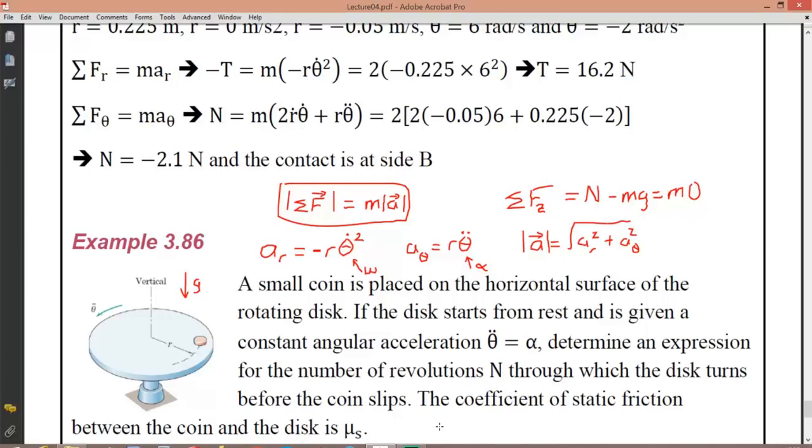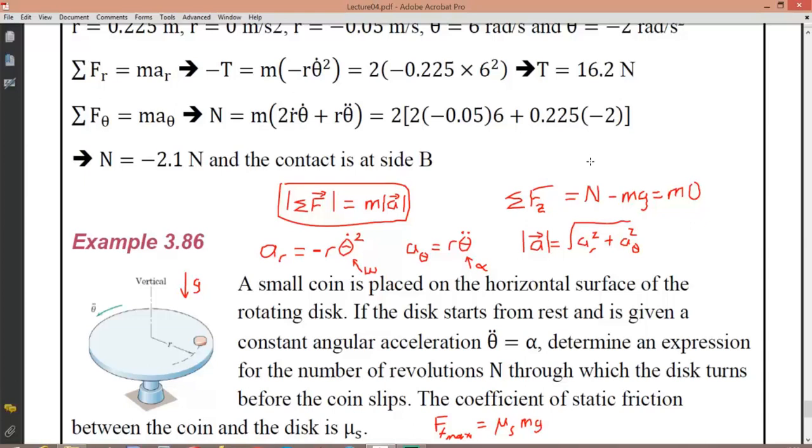And the maximum friction force, so let me just show it here as F_f max, can be calculated by making use of mu s and then N, and we already discovered that N is equal to mg. So this is mu s times mg. This is the maximum friction force.